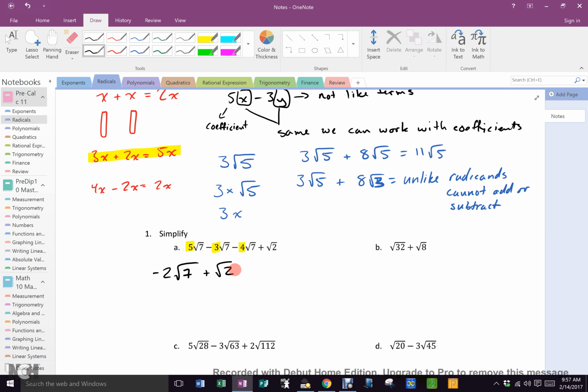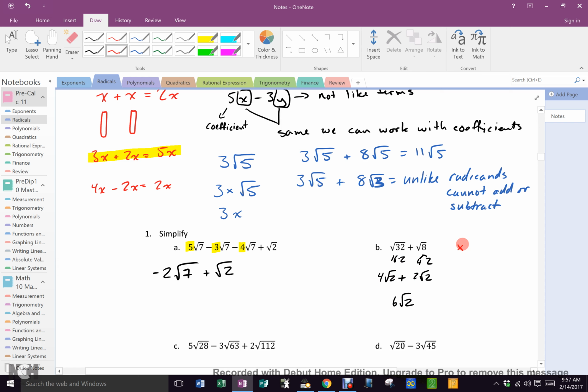All right. Look at the next one. Can I do that right now? Why not, Michaela? The radicands aren't the same. But is there some math I can do to those radicands? Yes, I can simplify them, right? Because this is 16 times 2, and this is 4 times 2. What's the square root of 16? So it's 4 root 2 plus 2 root 2, which is what? 6 root 2.